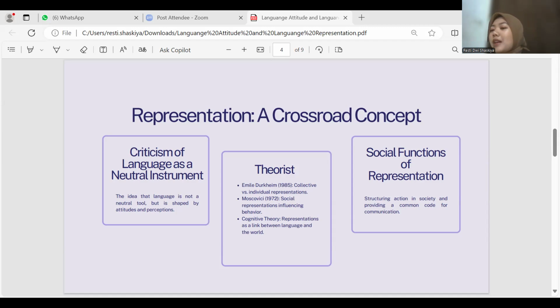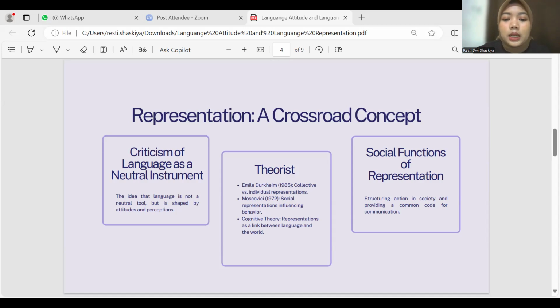Representation helps structure action in society by providing a common understanding of the world. They give people shared ideas and meaning, which help them communicate and cooperate with each other effectively. Through language, this representation becomes a code that people use to express thoughts, make decisions, and take action together.